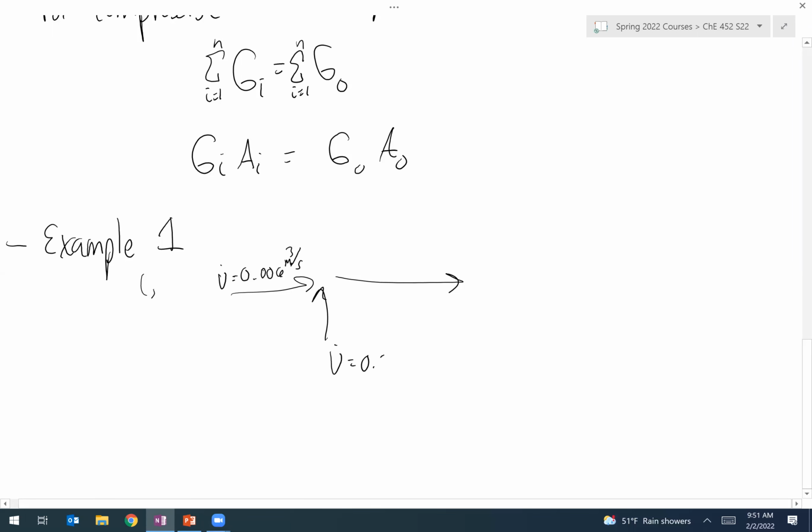Flow rate here is 0.009 cubic meters per second. Diameter was 7.8 centimeters, 10 centimeters. I'm looking for volumetric flow rates, and then here I'm looking for velocities.